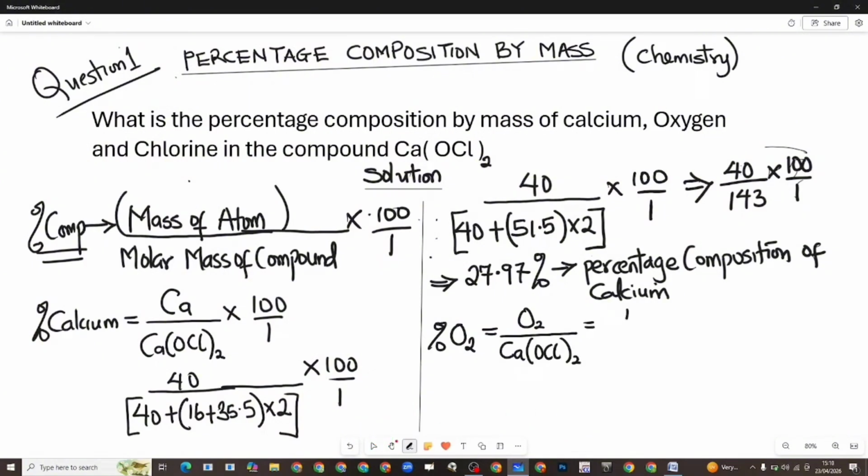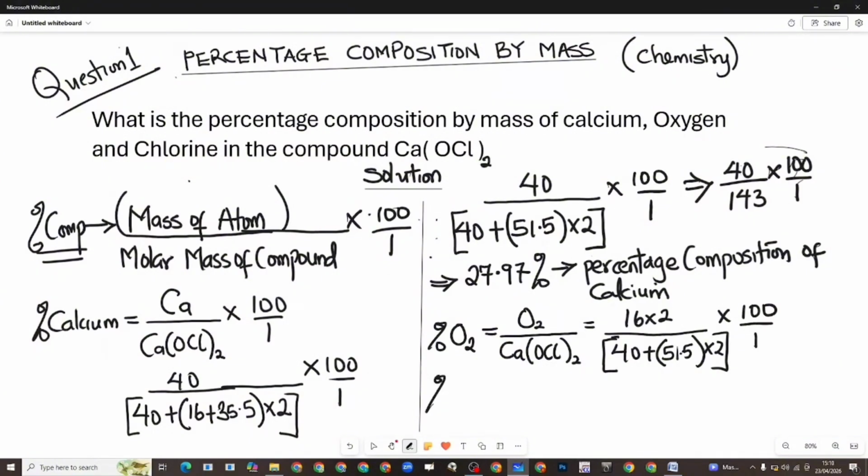That gives us 16 times 2 over 40 plus 51.5 times 2, and we multiply that by 100 over 1.